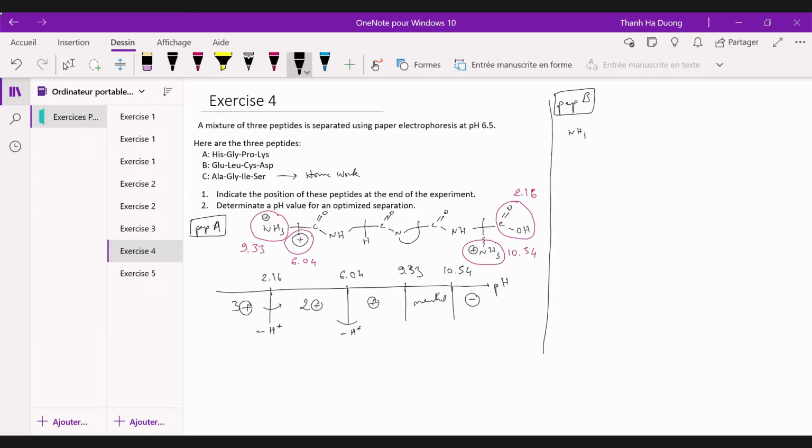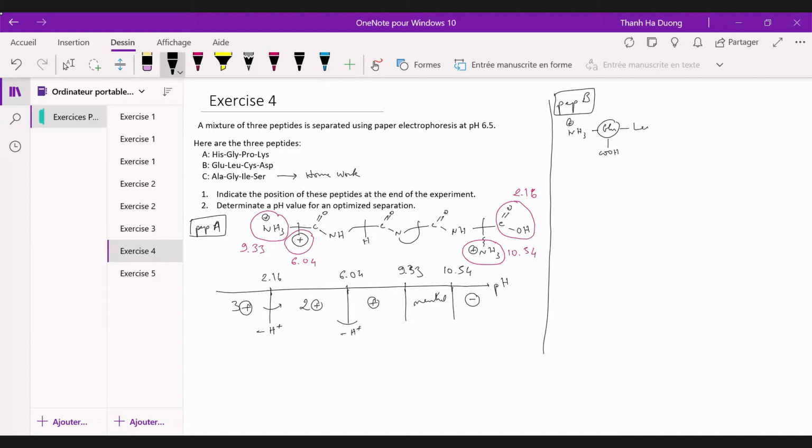So it's NH3 because it's an amino acid with a side chain of acid group. So it's blue.